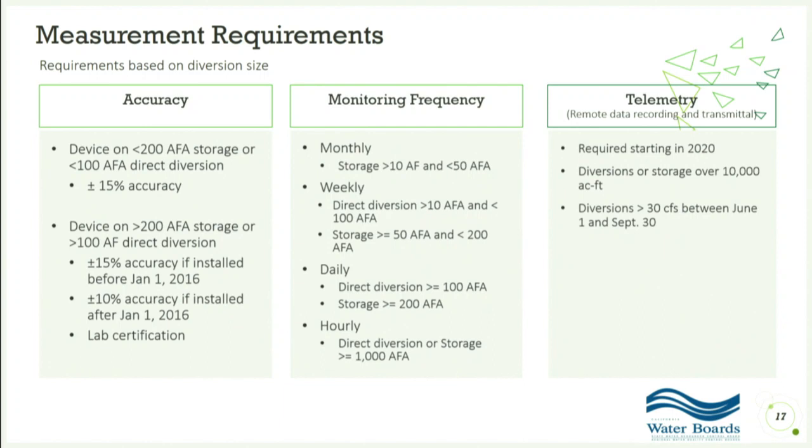Telemetry would also be required for diversion rates of 30 CFS, or cubic feet per second, between the months of June and September, and if the diversion will take greater than 20% of a stream flow in certain streams.